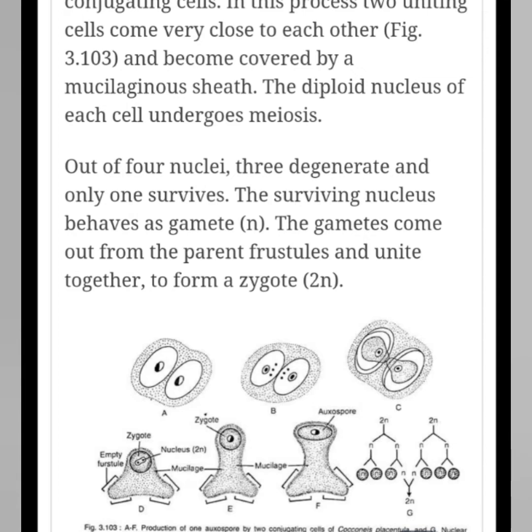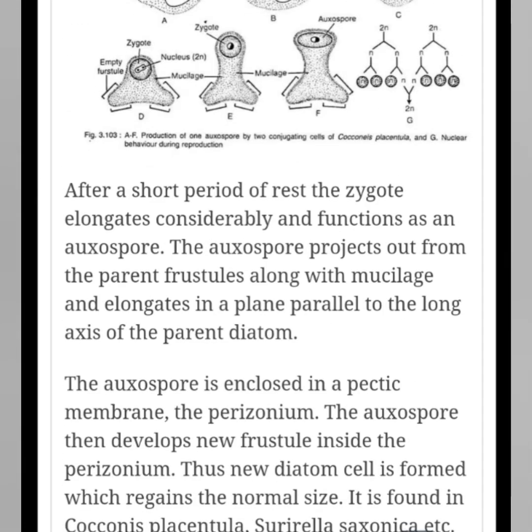So remember the first type, it is the production of only one auxospore by two conjugating cells. You can see two conjugating cells here, they form one auxospore. This type can be found in species such as Cocconeis placentula, then Surirella saxonica, etc. So these are the species where this type of reproduction can be found.